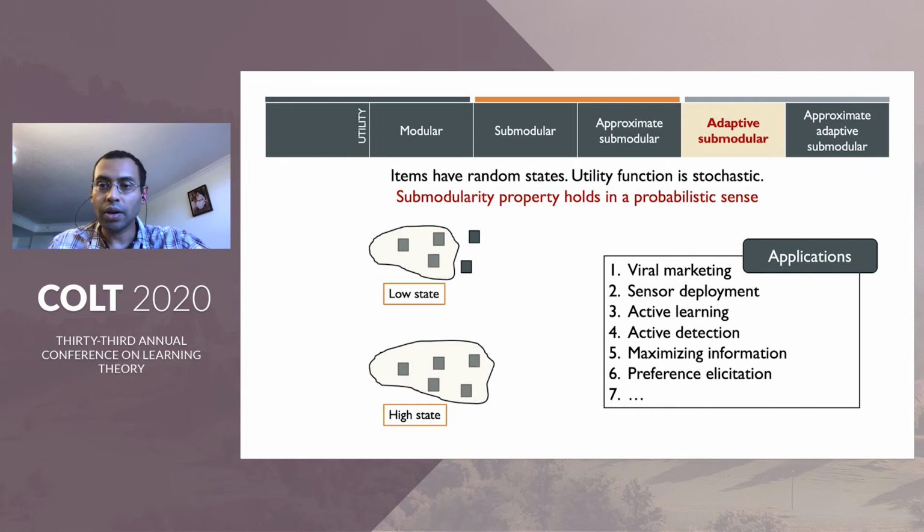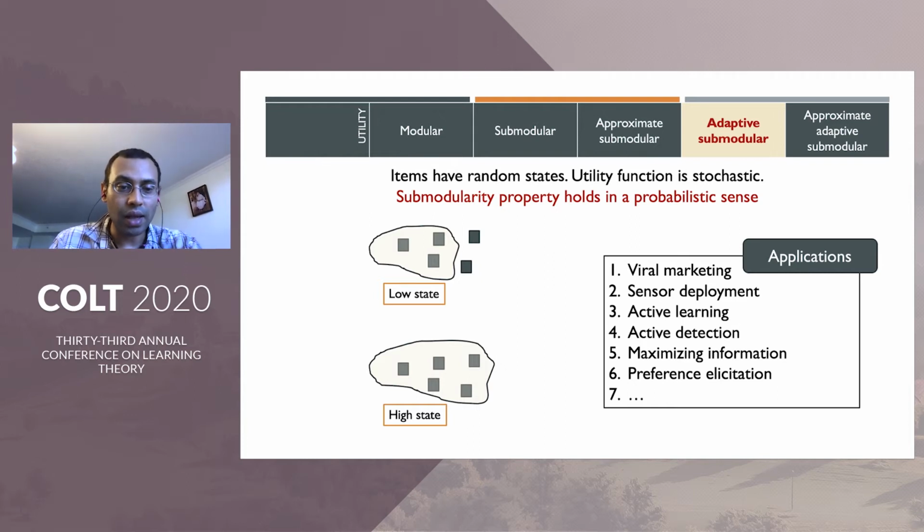There's another way to generalize submodular functions, and this is the so-called adaptive submodular functions. It's adaptive because the utility function itself is now stochastic, because items have random states, and the utility function is determined collectively by the random states of all the items.